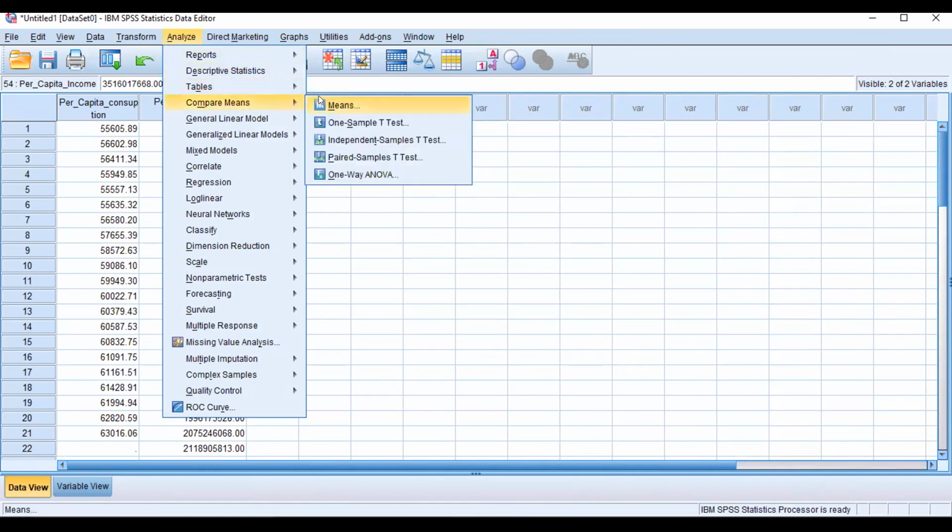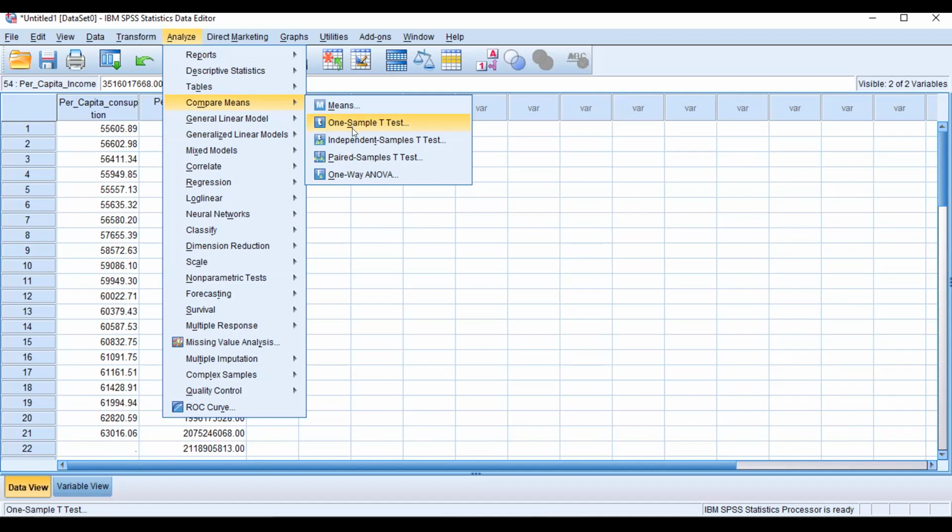Sorry, go to compare means, one sample, because we are doing this one sample t-test. One sample means we need to compare that one sample with some kind of standard value.